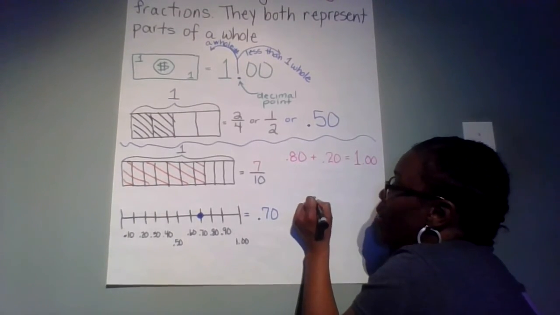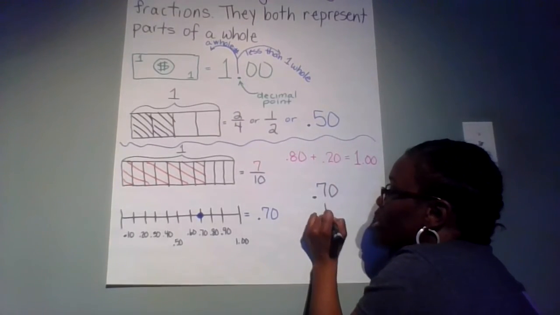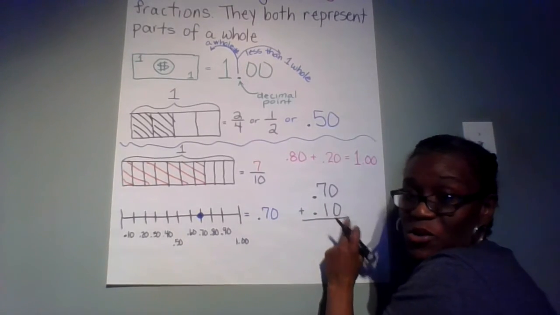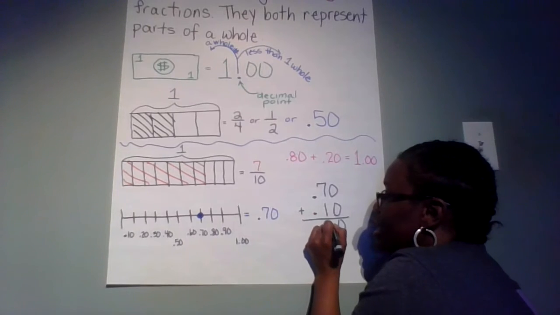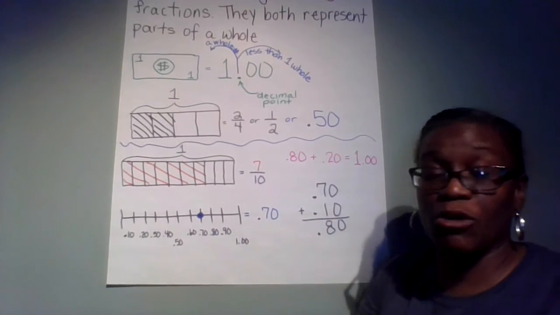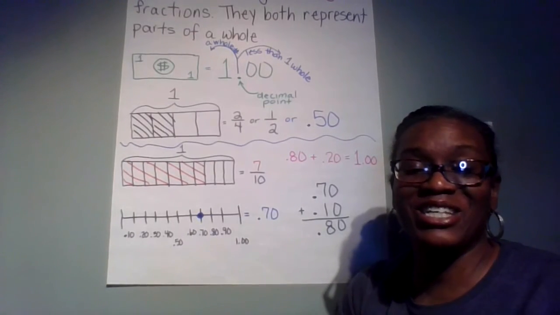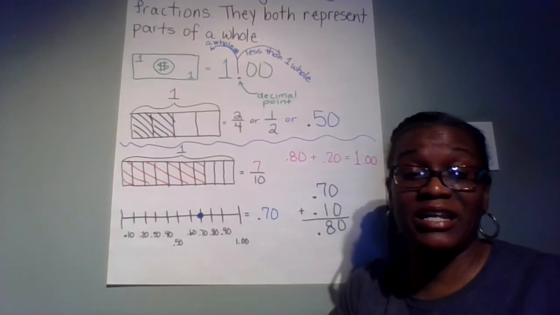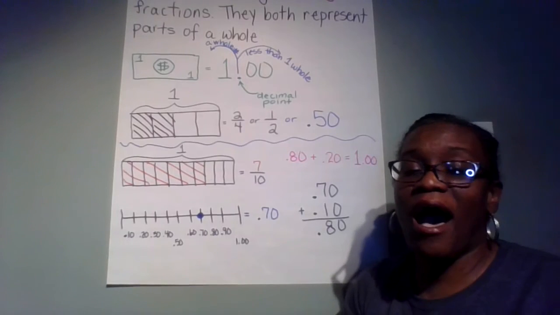So if I had 0.70 plus 0.10, 0 plus 0 is 0, and 7 plus 1 is 8, and then don't forget your decimal point. So 0.70 plus 0.10 is equal to 0.80. So that's your beginning lesson for fourth graders with decimals.